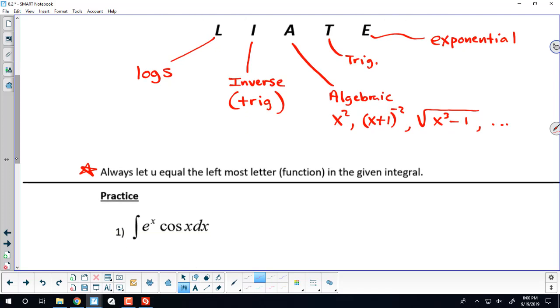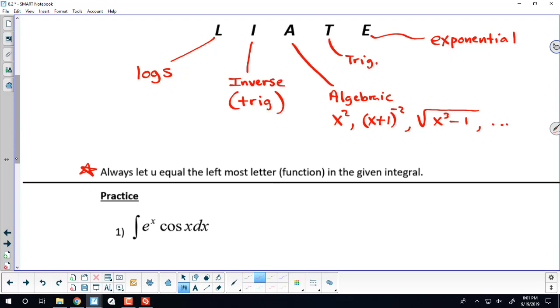So practice with e to the x cosine x dx. And the way we sort of start to recognize integration by parts is simply by the product, right? The formula is the integral of u dv. There's a product of two functions of x.